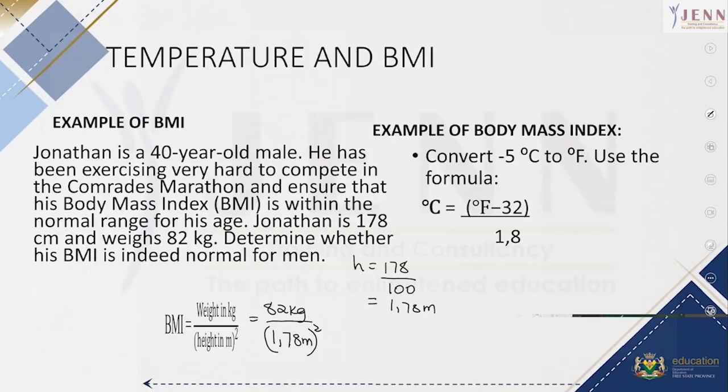Most of the time they forget to square it, or when the learner squares it, they multiply it by 2. 1,78 squared is not 1,78 multiplied by 2, it is 1,78 multiplied by itself. So the next step will be 82 kilograms divided by 1,78 squared.